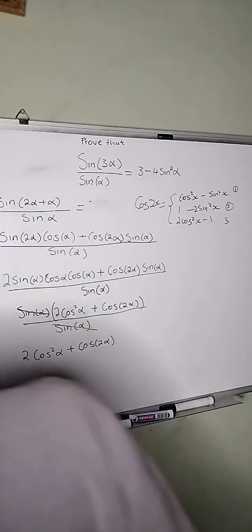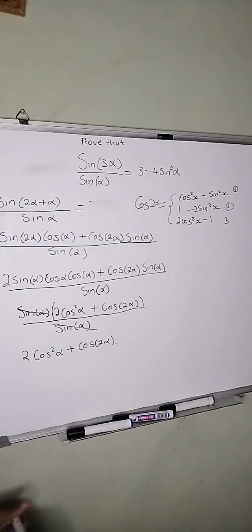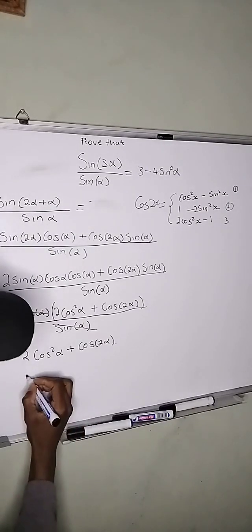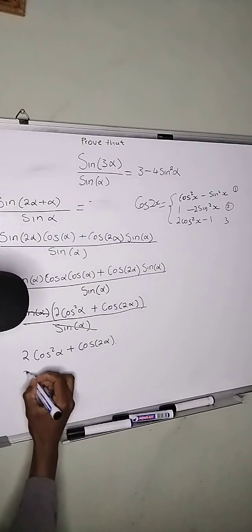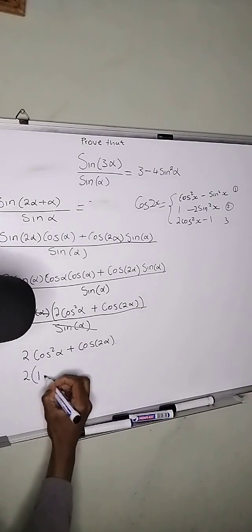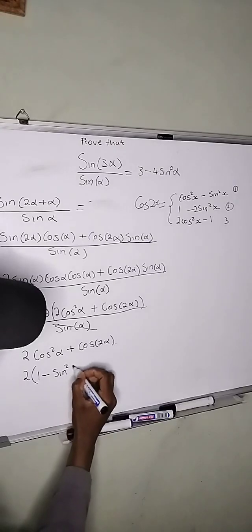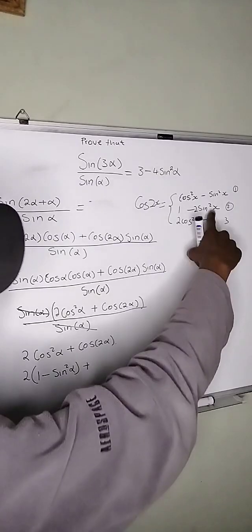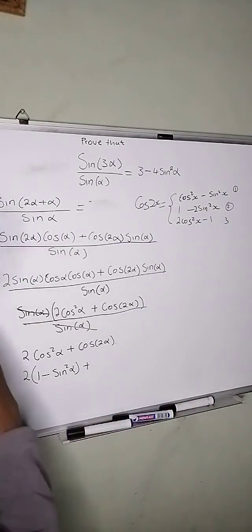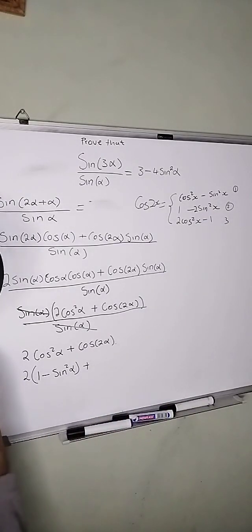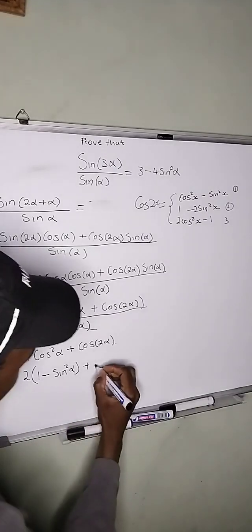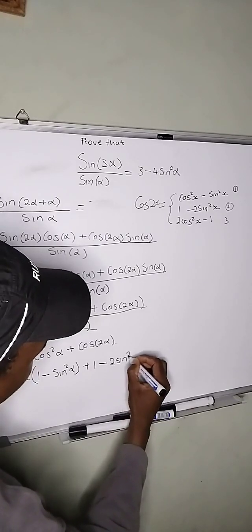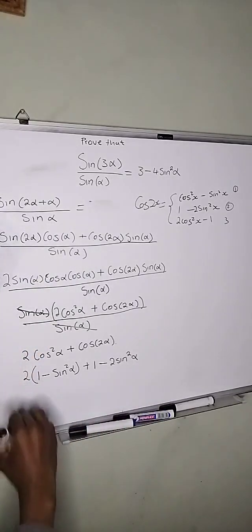So now, what am I going to do? I'm going to change this guy into 2 times 1 minus sine squared theta, plus this one changed to 1 minus 2 sine squared alpha.